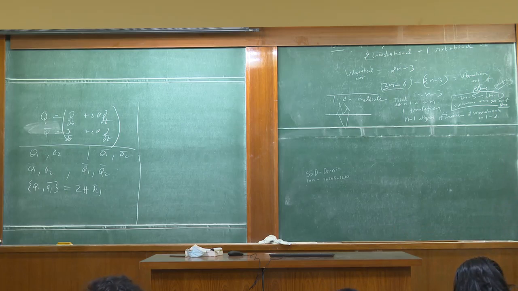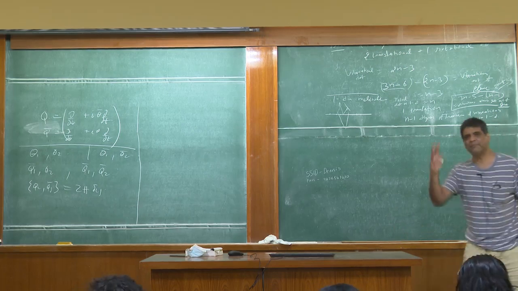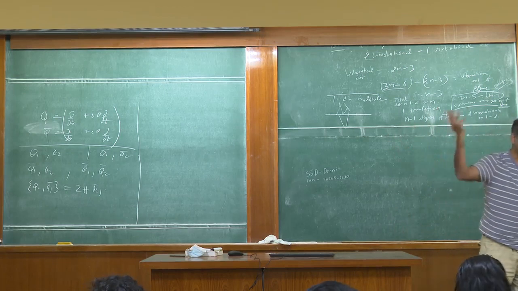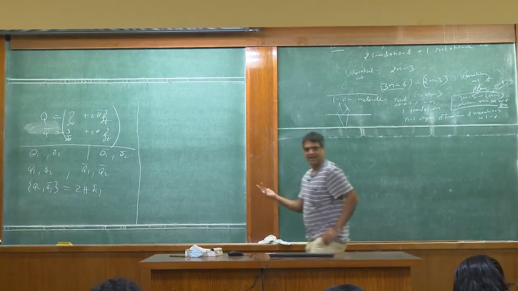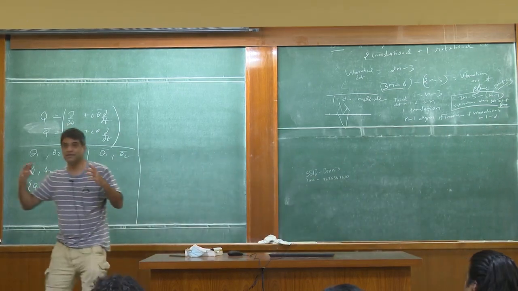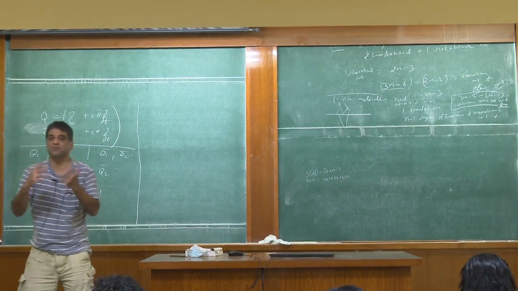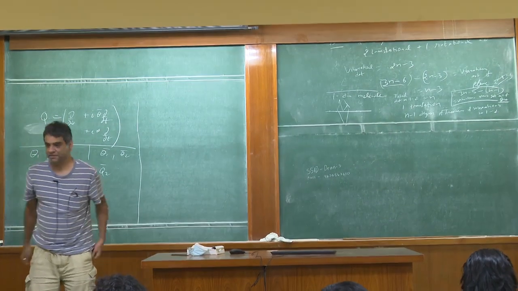Sixteen sounded like an unpleasantly large number. Some of them might turn out to be auxiliary fields, but many will not. And then we are automatically committing to dealing with a theory with a very large number of fields. That sounds very complicated.